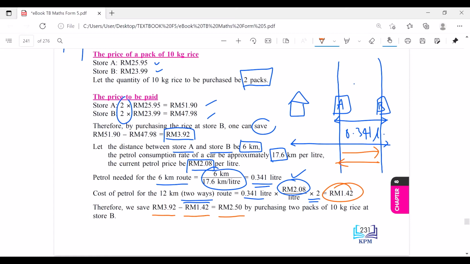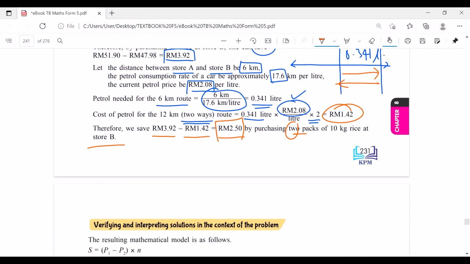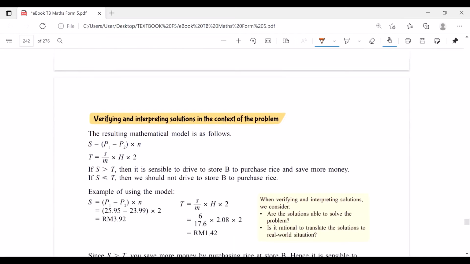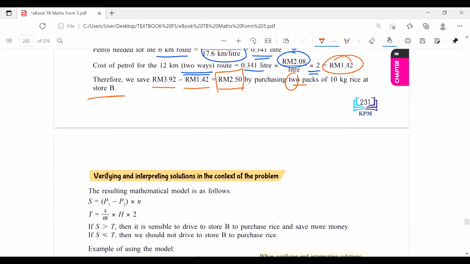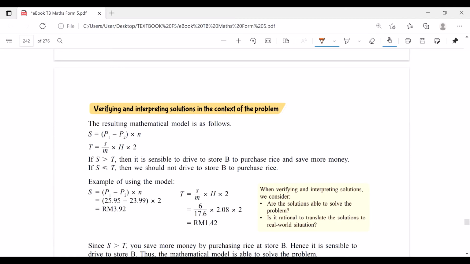So this is what you save, 2 ringgit and 50 cents when you purchase 2 packs of rice at store B. Okay, so do you think it's worth the 2 ringgit 50 cents? So you will verify and interpret the solution. We'll see whether it's worth or not.